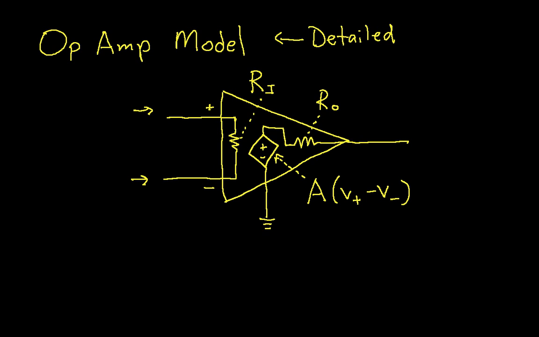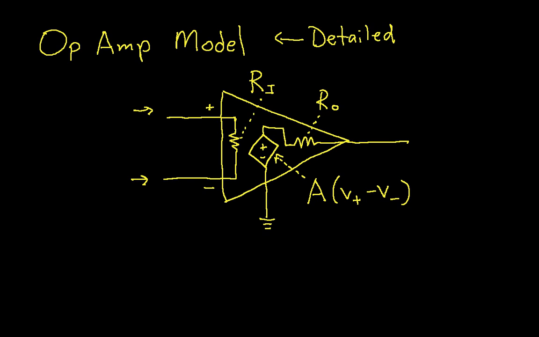Inside a real op-amp circuit, there are somewhere between 20 and 40 transistors and a lot of resistors, and a whole lot of effort has gone into the design. So this is a much simpler model than the actual circuit, but this again is what we call a detailed model because it shows the input resistance, the output resistance, and the gain.